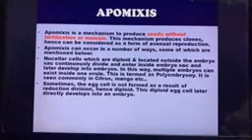So apomixis is a type of asexual reproduction, because here though the plant produces both types of gamete, male gamete as well as female gamete, there is no role of male gametes, right?